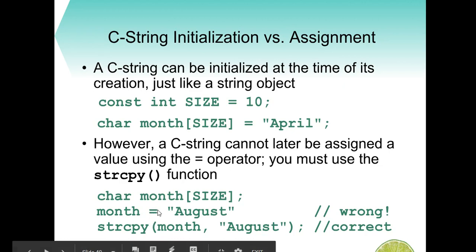That's because you're assigning it to an array. It doesn't know what to do if you try to assign August back to the variable month. We just declared month right here as a character array. If I try to just assign it a string, it doesn't know what index values to put the string into. So you have to use what's called a string copy method.